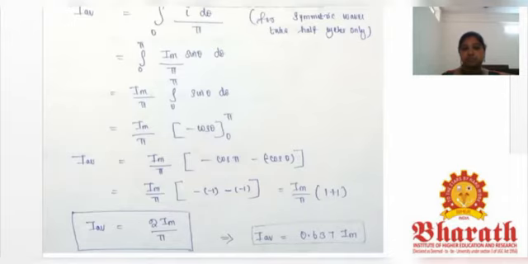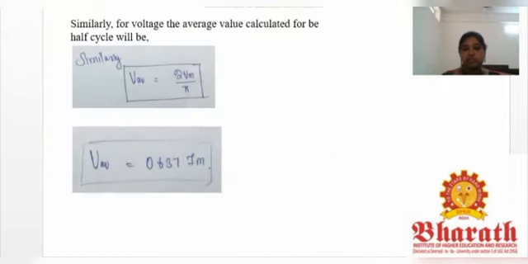In the same way, for voltage, with the same symmetric sine wave, the average voltage is V average is equal to 2 Vm divided by pi. Same way, V average becomes 0.637 Vm. So this is your average value for the symmetric waveform of voltage and current.